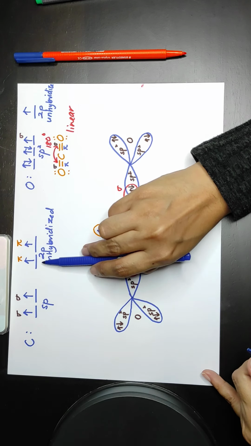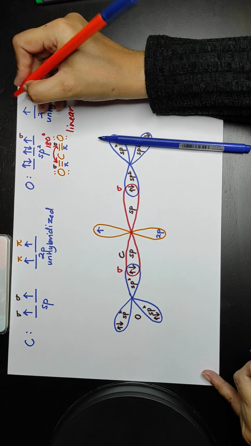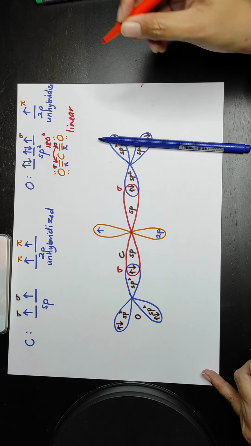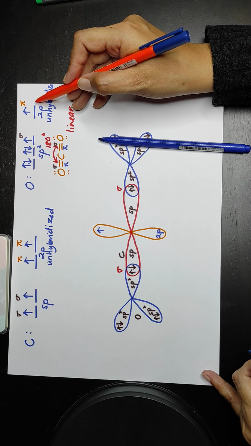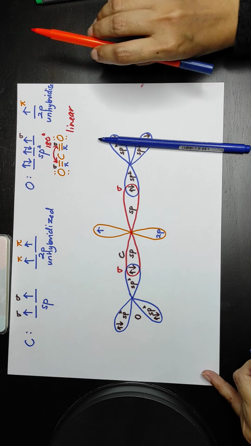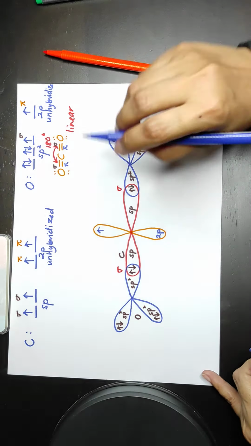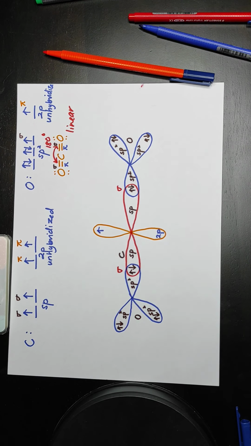Okay, so this 2p electron will form a pi bond with the electron from the 2p unhybridized orbital of oxygen. So let's say this is also 2py. Okay, I want to use, let's say, the brown color.